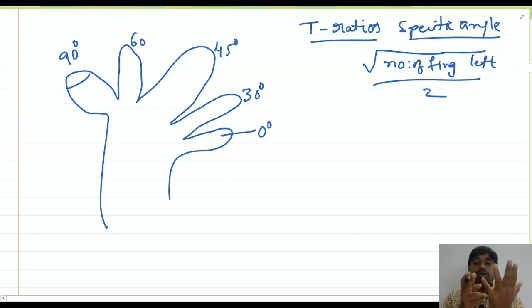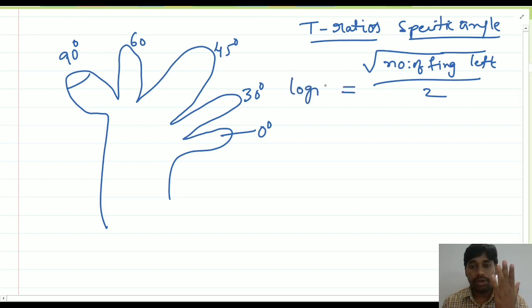So if I close the first finger, then only one finger is left. Is it clear? Next, if I close this finger, 2 fingers are left. If I close this one, which is 60 degrees, then 3 fingers are left. If I close the thumb, then 4 fingers are left in my hand. So by 2 we have to do it. This is the logic to remember.